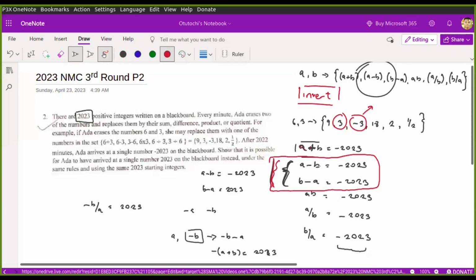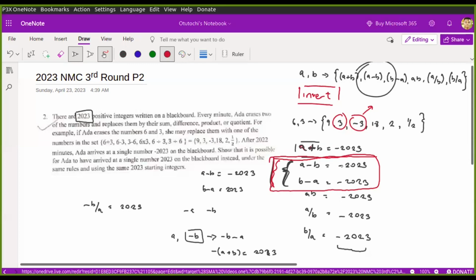A positive integer multiplied by a positive integer will definitely give us a positive integer. And a positive integer divided by a positive integer will definitely give us another positive number. So there's no way we would have ended with a negative number, which is minus 2023, if this was never involved in the first place, right? So now we are certain that this can be involved, which means this method is likely to work.